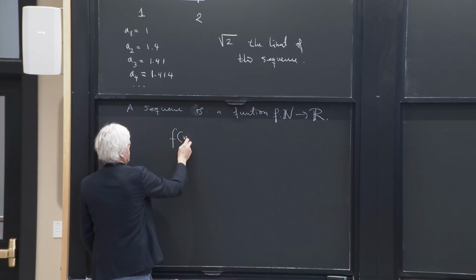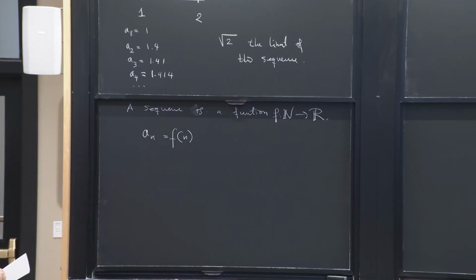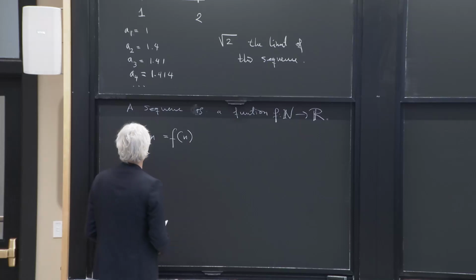The value of this function at a natural number n we usually denote with the standard notation where the n is a subscript. Let's take a look at a couple of different sequences.